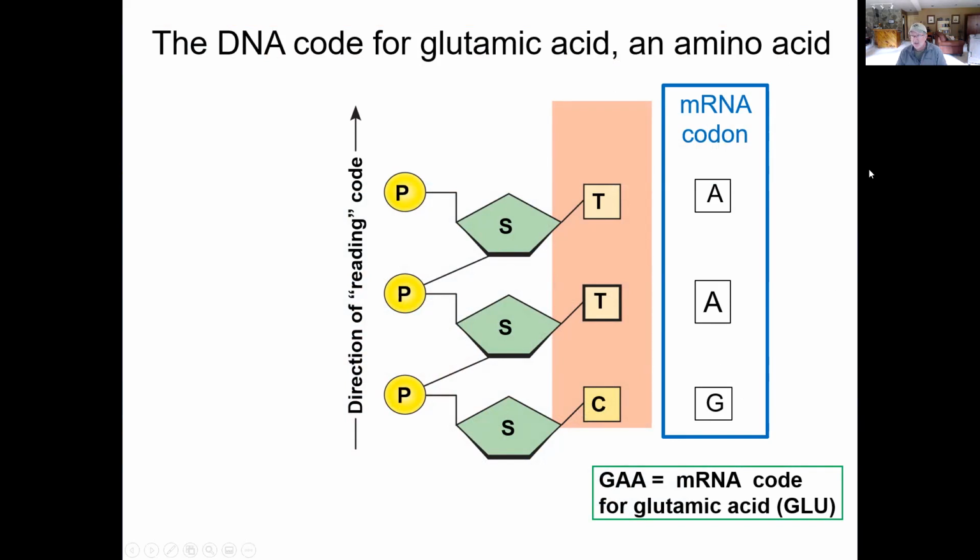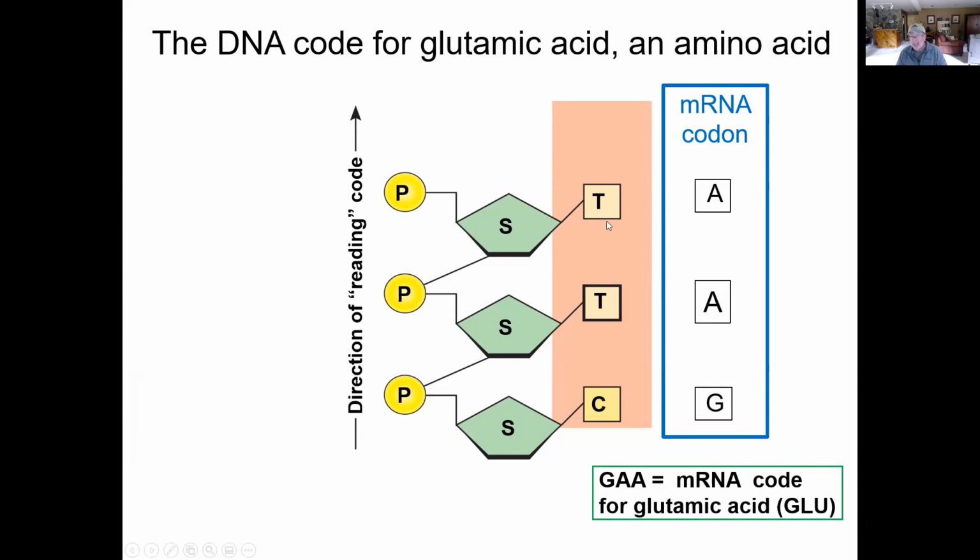Okay, so we'd have another strand of DNA over here that does not play a role at all in transcription. This is the template strand that is being transcribed into messenger RNA, and we're just looking at one codon sequence here of the DNA. Here's the corresponding complementary codon of the messenger RNA that would be transcribed.